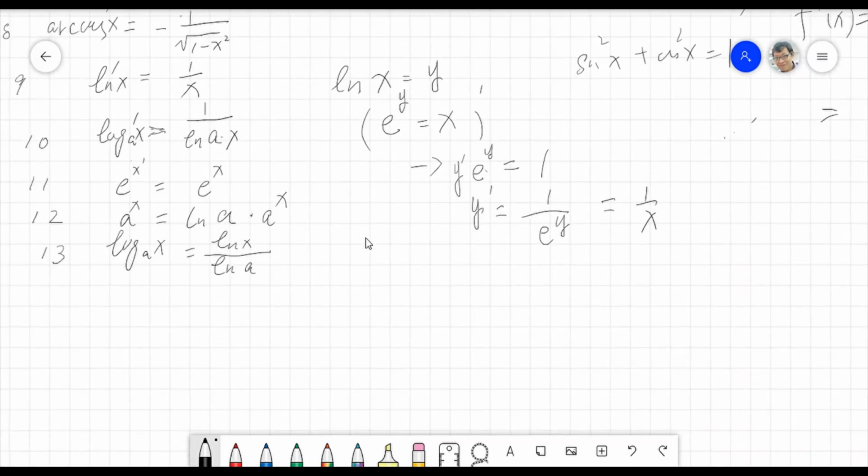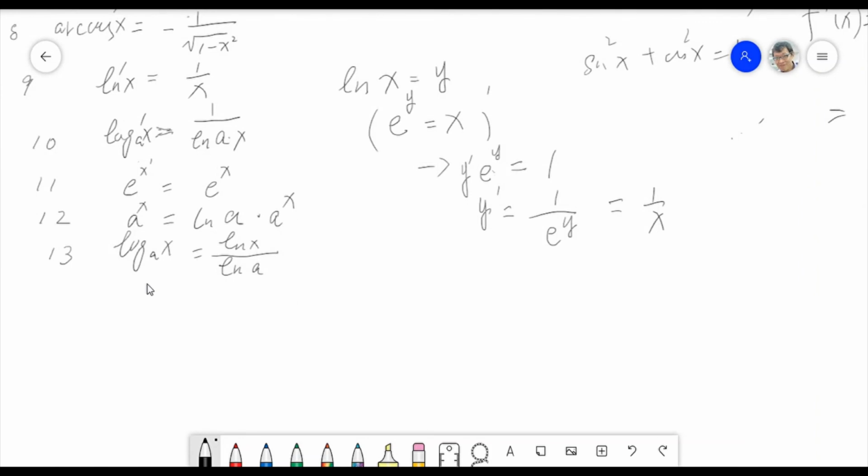For the last one, we talk about log base a of x, which is equal to natural logarithm of x divided by natural logarithm of a. I will not prove it, but I will just use a real scenario to check this one.